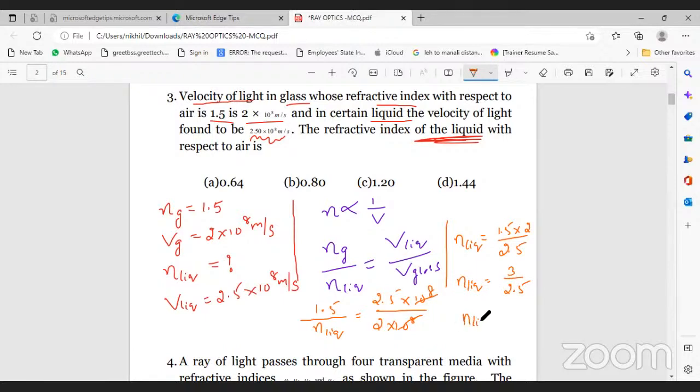So it is 1.20. Which is the right option? Option C.